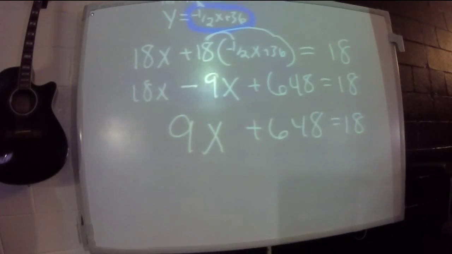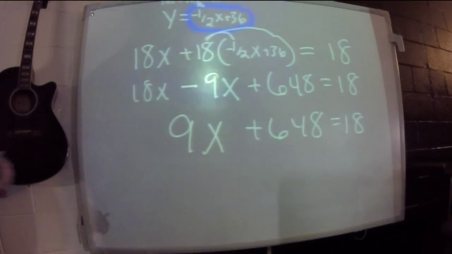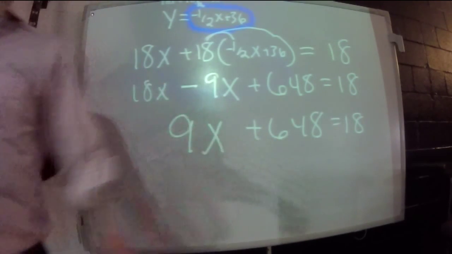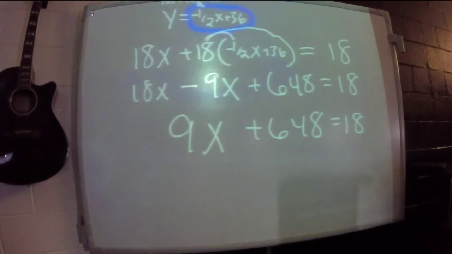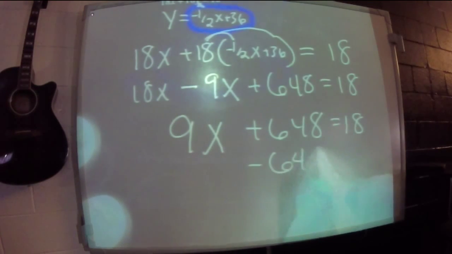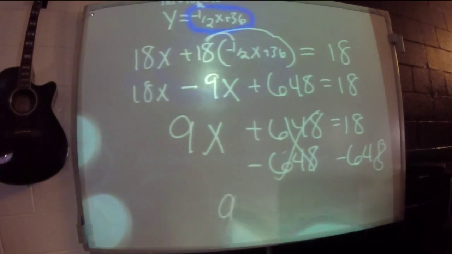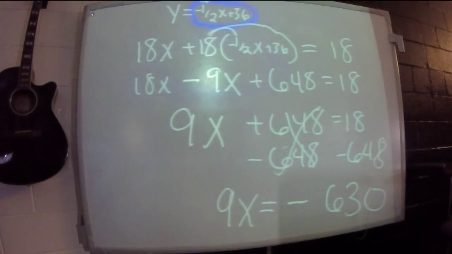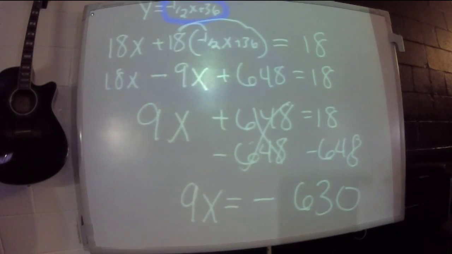Okay, it's getting a little simpler. What's next? Subtract the 648. And now 9x equals negative 630. And we are so close.